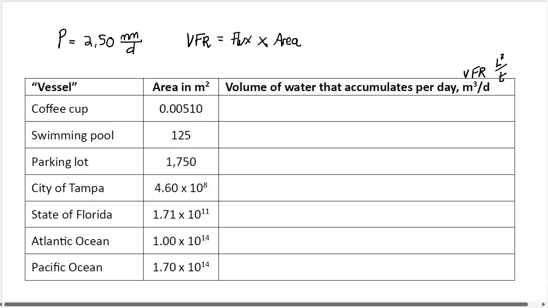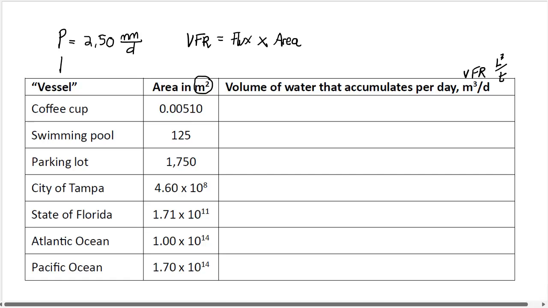But the first thing we need to do is make sure that our units of length on both the flux and the area are the same. And right now the areas are all in square meters, but my flux is millimeters per day, so I'm going to have to convert my flux in millimeters per day to meters per day. And I can do that simply by dividing by 1,000, because there are 1,000 millimeters in a meter.